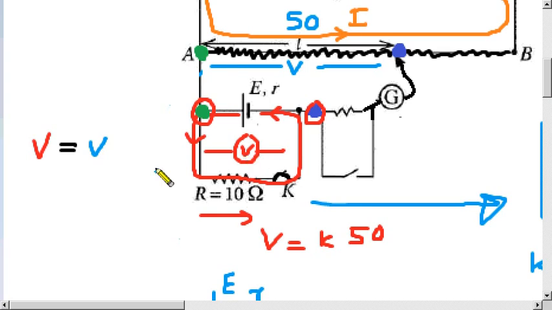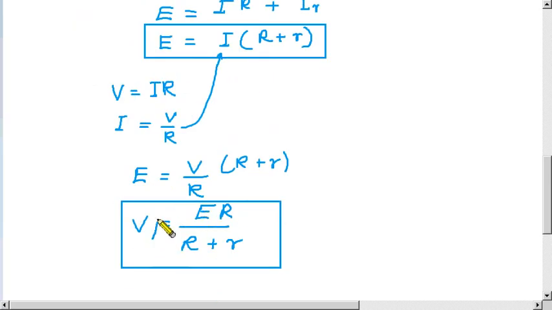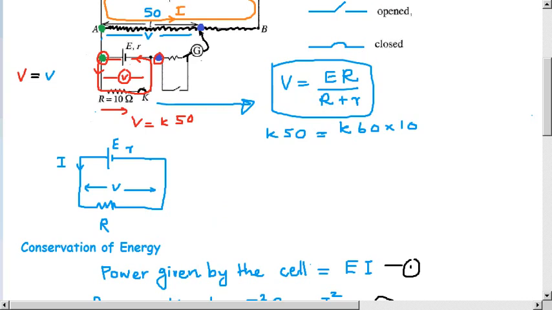So what is this red V? I have to color it like this. This is that V, ER divided by R plus r.